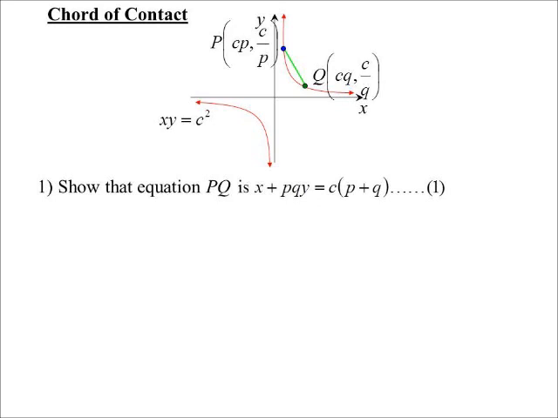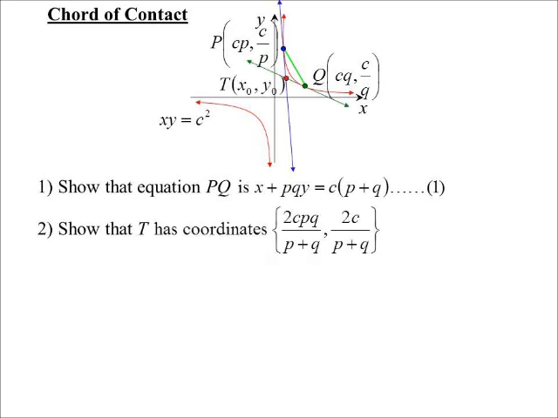I could find the point of intersection of the two tangents. And the external point, remember, that's what they would give me. It'll be x0, y0. So x0, y0 would equal the point of intersection of the two tangents, which ends up being 2cpq on p plus q, and the y value 2c on p plus q. So from that, I could say, oh, okay, I know x0 is 2cpq on p plus q, y0 is 2c on p plus q, but remember, I want to eliminate the p's and q's.